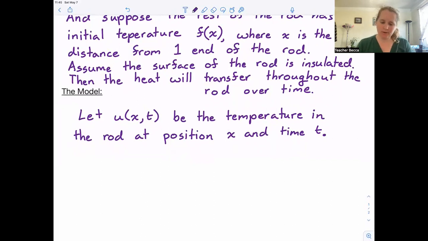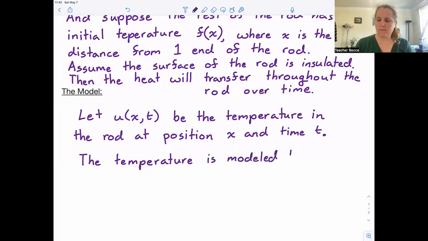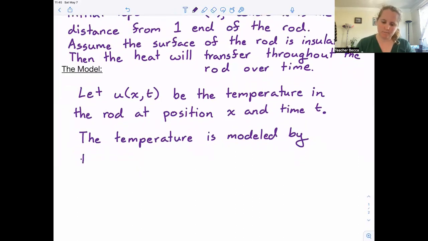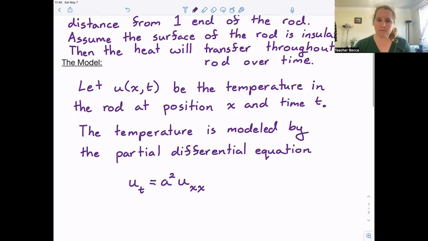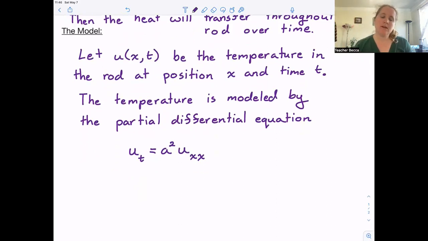Then the temperature is modeled by the partial differential equation: the partial derivative with respect to t of u is equal to a squared times the second partial derivative with respect to x of u.